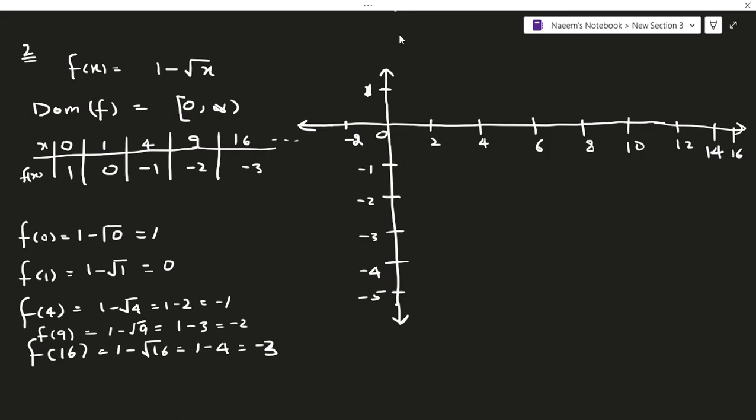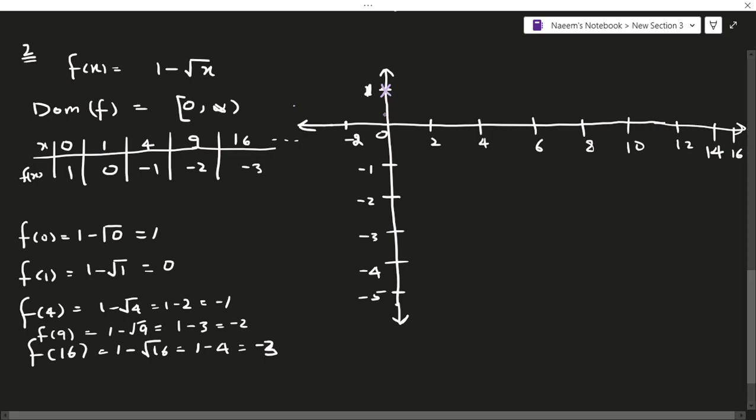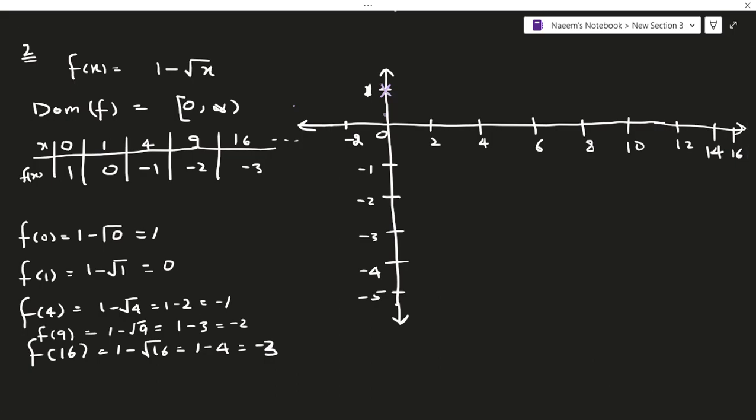Right? Now, plot these points. When x is 0, f of x is 1 in this one. When x is 1, f of x is 0, x is 1 here. When x is equal to 4, y is minus 1.